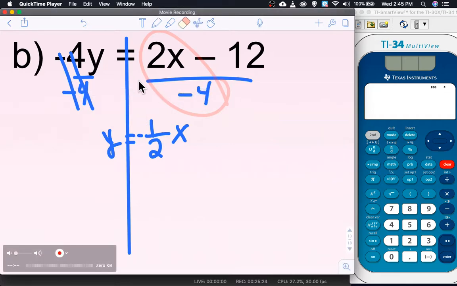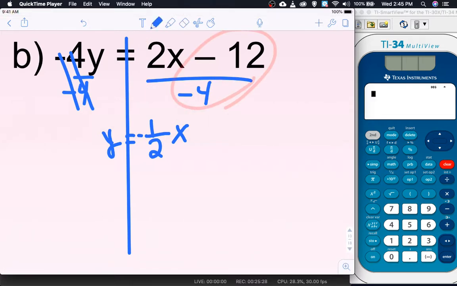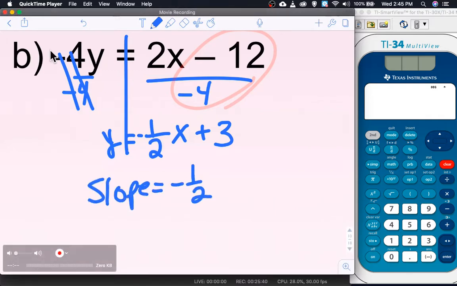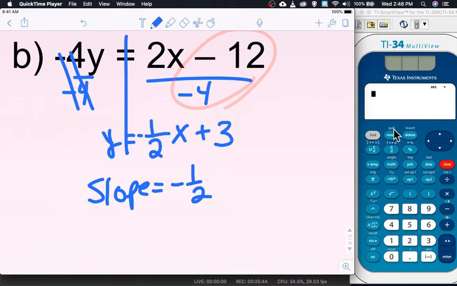And then when we take our negative 12 divided by negative 4, we're going to get a positive 3. So that gives us a slope of negative 1/2. This is my slope. It's slope-intercept form. My y-intercept is that positive 3.